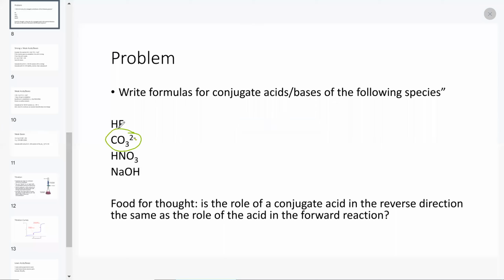Is this a base or an acid? Great, base. So it can react with water to form OH minus plus. What do we form?